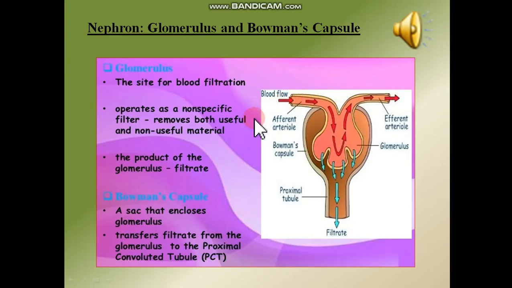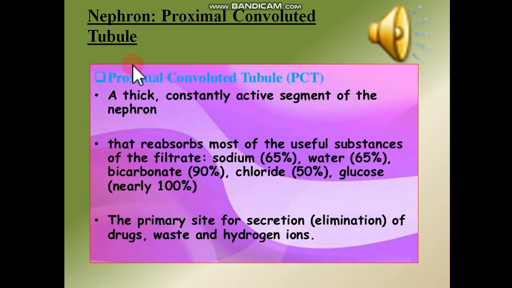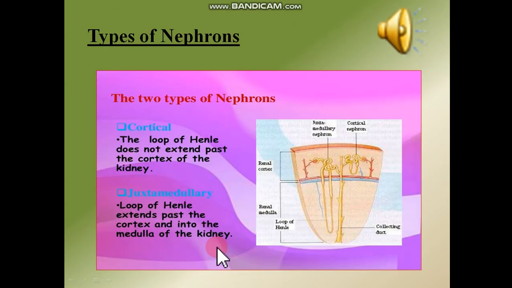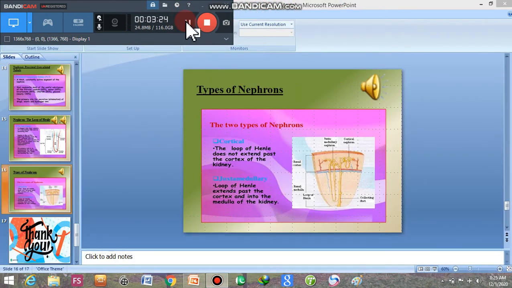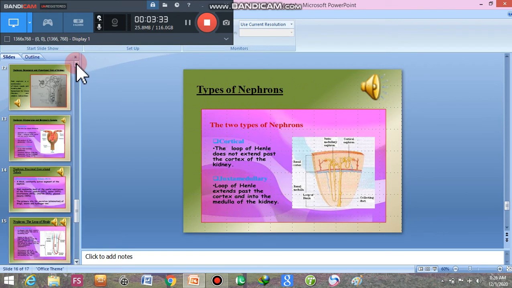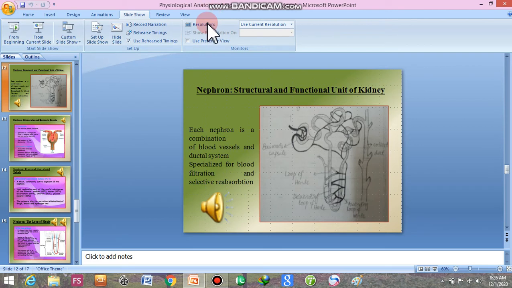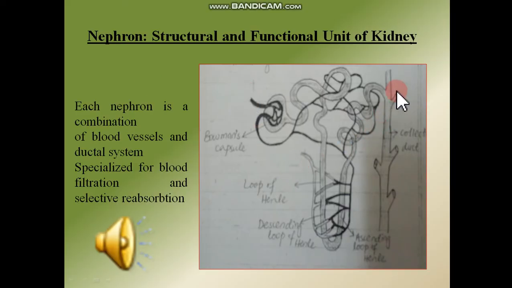Then this is the loop of Henle, and this is the descending limb, and this is the ascending limb. And then this is the collecting duct.